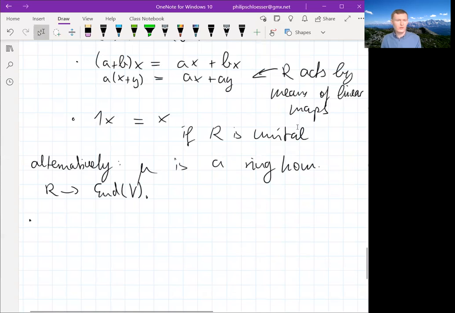And to be sort of in spirit with the last lecture I gave, I just introduced a new kind of object. So what are the morphisms?